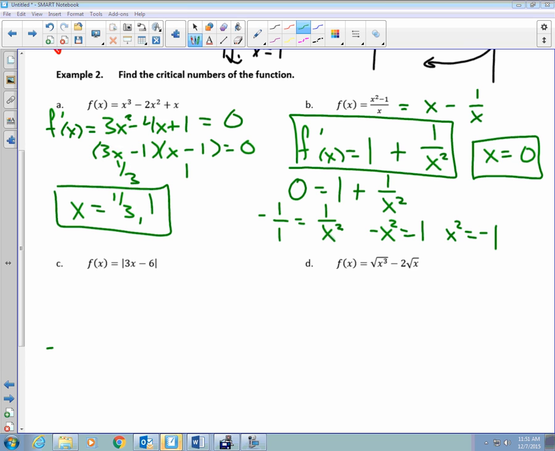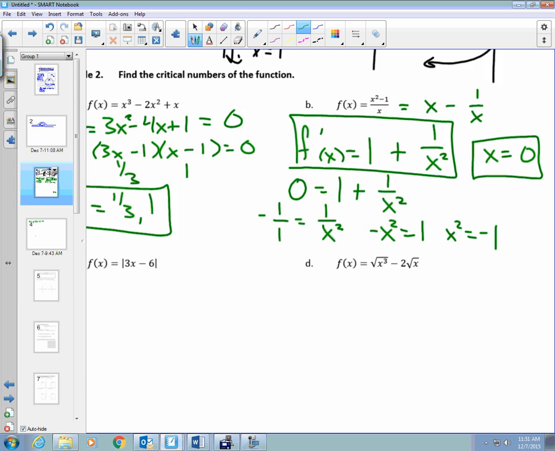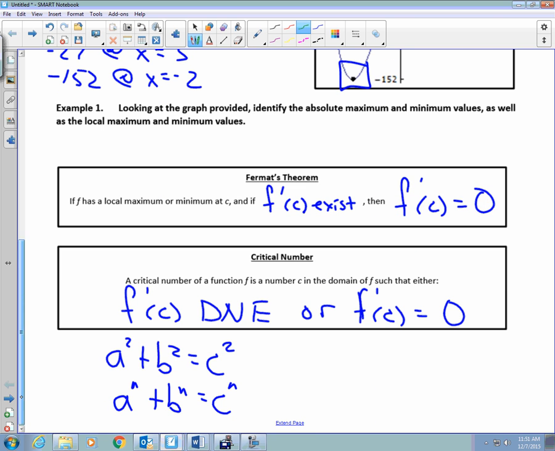So therefore, it's a critical value. The definition of a critical value is where the derivative does not exist or where the derivative is equal to 0.